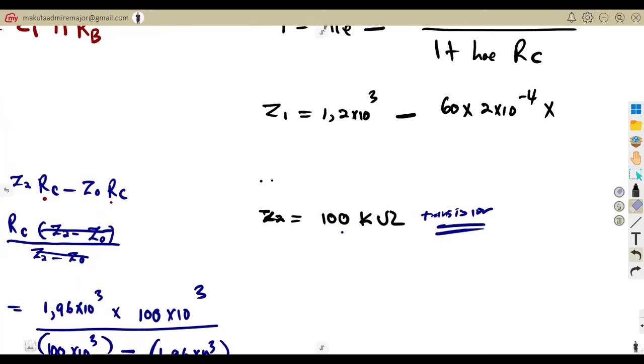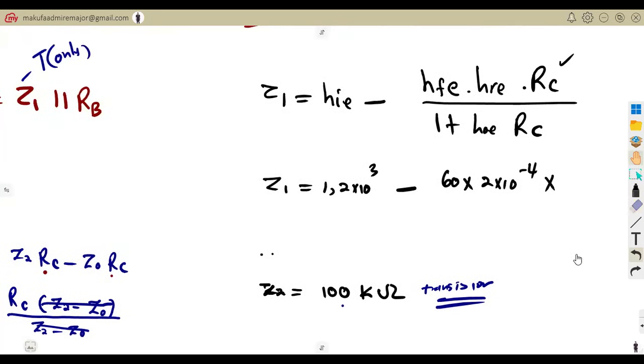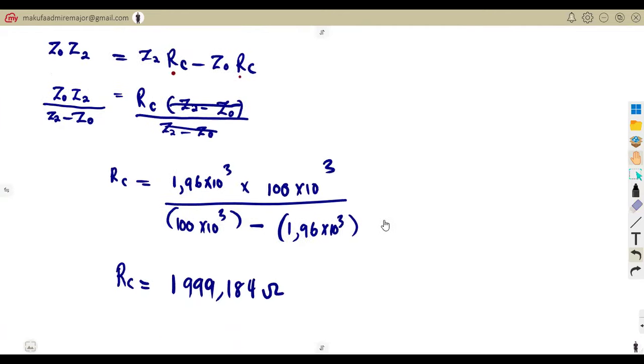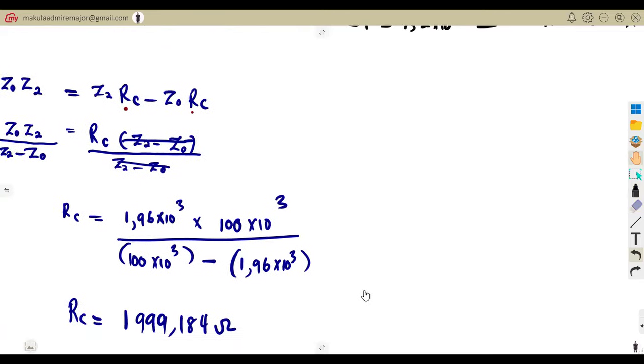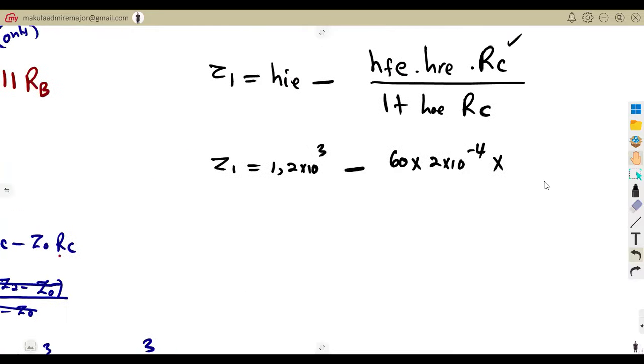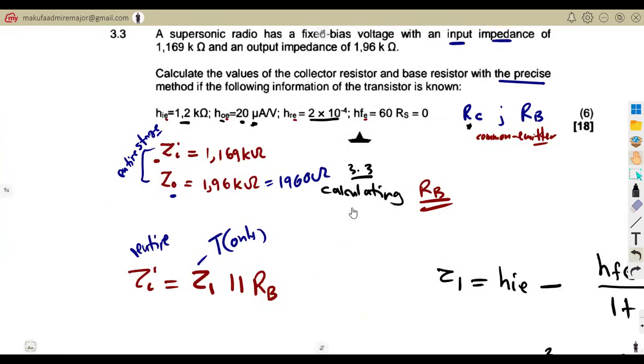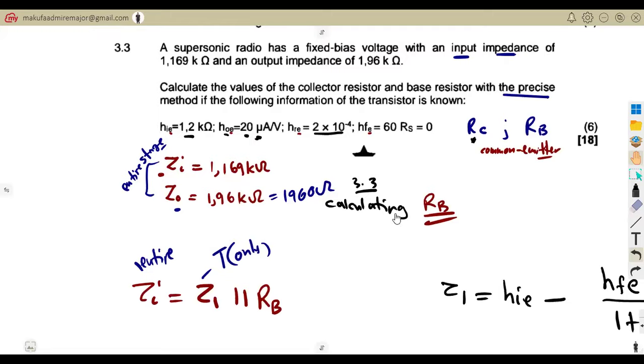Remember, when you calculated RC, it was 1,119.184. So that is the value that we need here. This is divided by 1 plus HO, which we have here, remember, that was 20 micro.